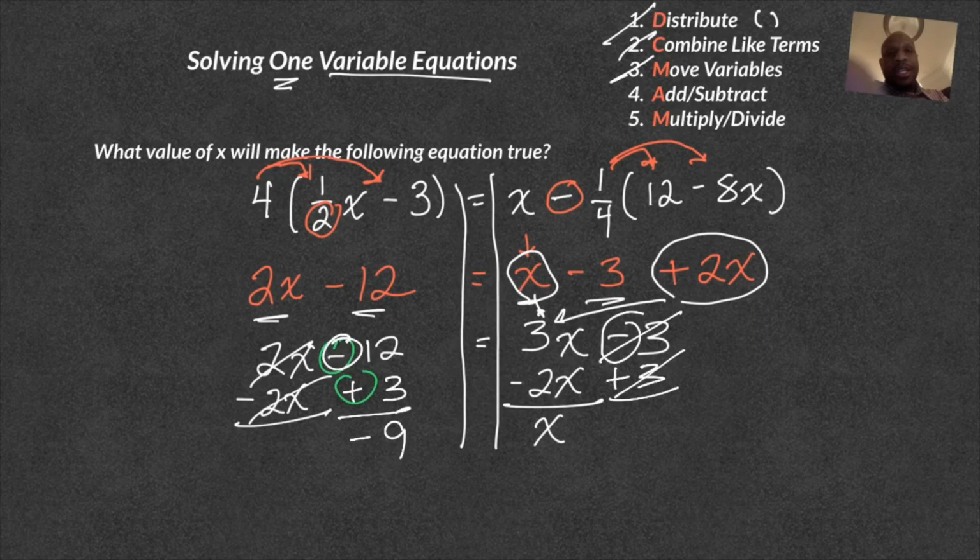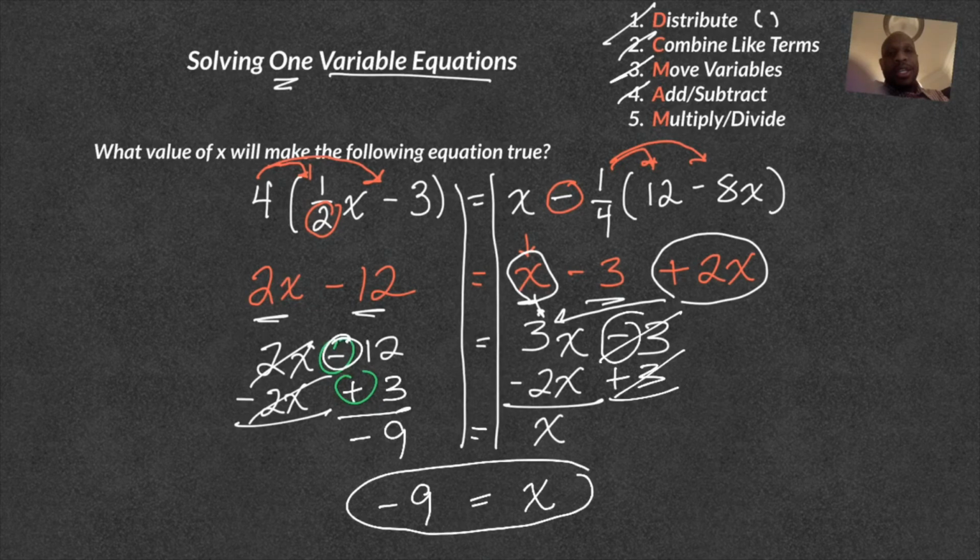Since we only did add and subtract, we don't have a coefficient next to the x to divide or multiply away. So our final answer is x equals -9. And we've completed all 5 steps in order.